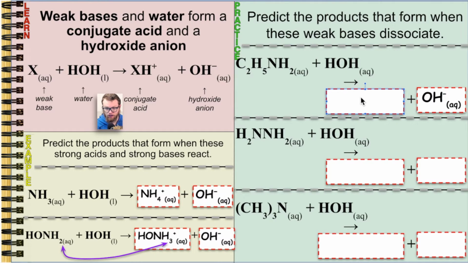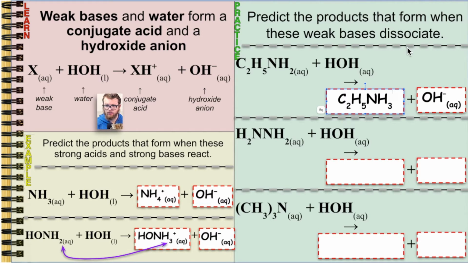Over here we're going to have the conjugate acid, which is C2H5NH2, and remember to make all those numbers subscript. But because the H fell off this water, it used to be HOH, the H fell off and comes over here, so instead of NH2, it's going to be NH3.